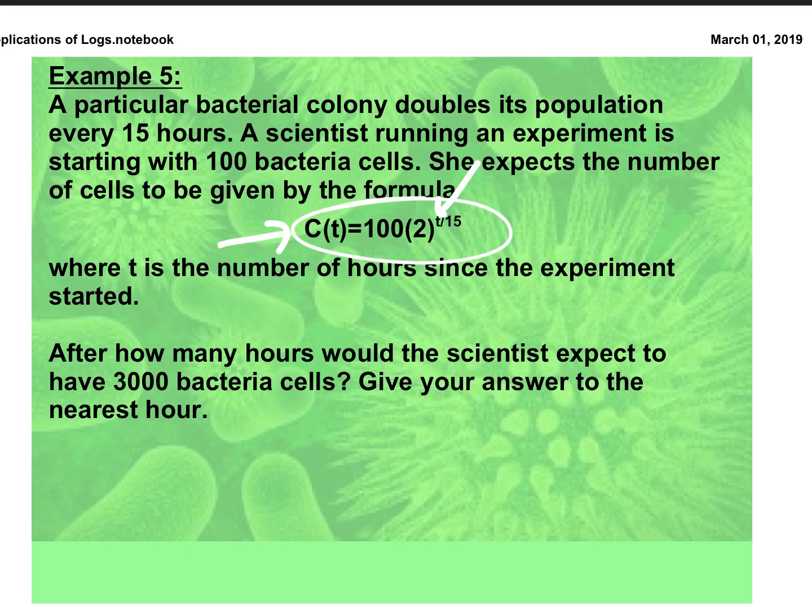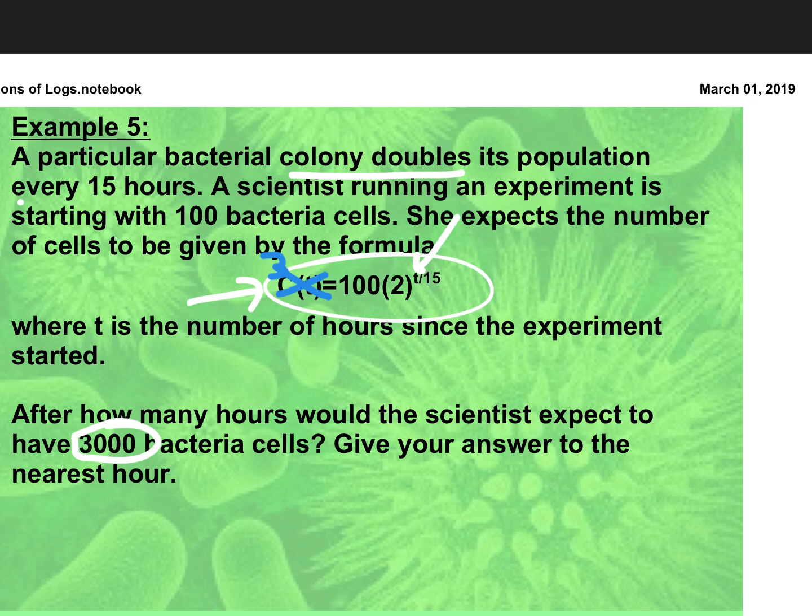Oh, it's the colony population. All right, so this is the population given a certain amount of time. And then I'd take my 3,000 and figure out, what's that? Does it feel like a time? No. So then it probably feels like it's the C of T, kind of like f of x. I'd put the 3,000 there. The whole challenge for all these problems is stick the number in the right spot and then solve.